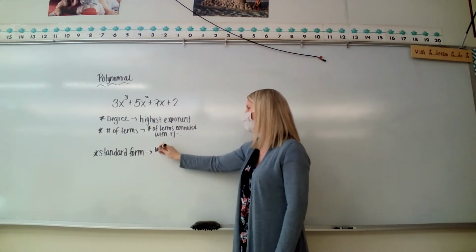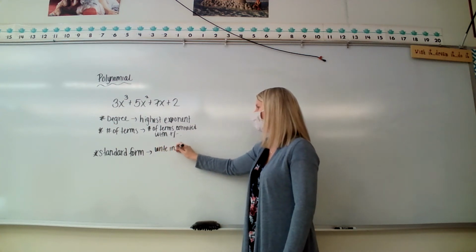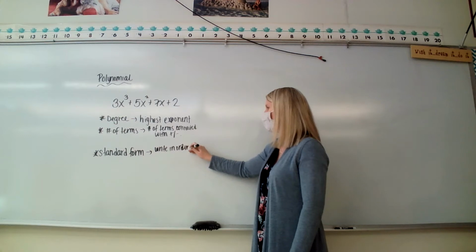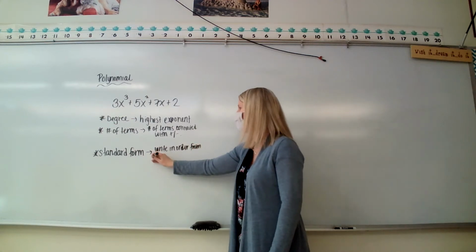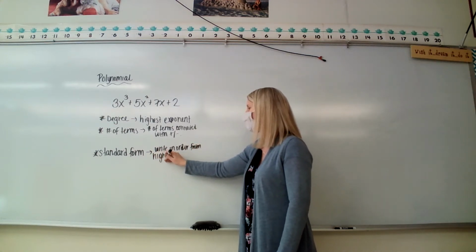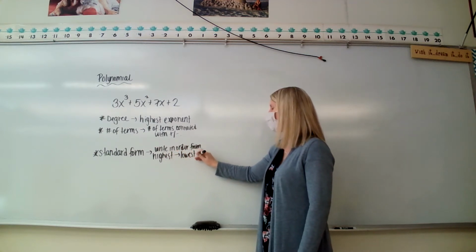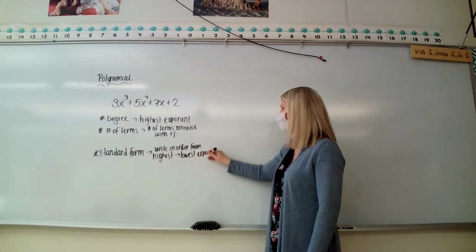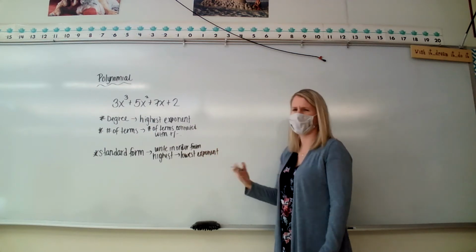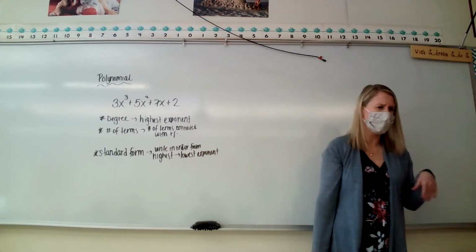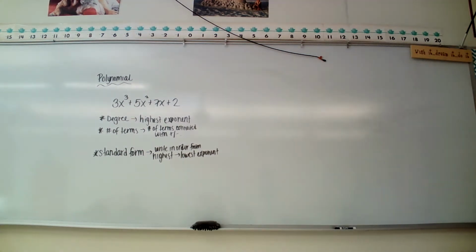So you're going to write in order from highest to lowest exponent. Once again, we have that so all of our answers always look the same. If not, things would be kind of out of order, kind of weird. So it keeps everything on the same page.